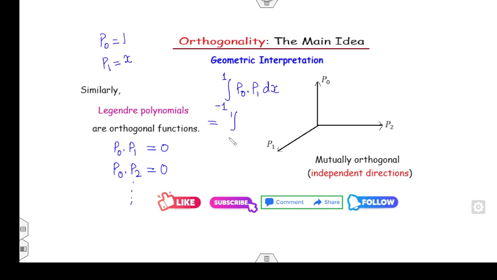If you substitute the values, you get the integral of x dx, and if you integrate that, it will be 0. Similarly, P2 is half of 3x squared minus 1. If you consider P1 times P2 from -1 to 1, again you will see it is 0. Similarly, P0 and P2, and so on.